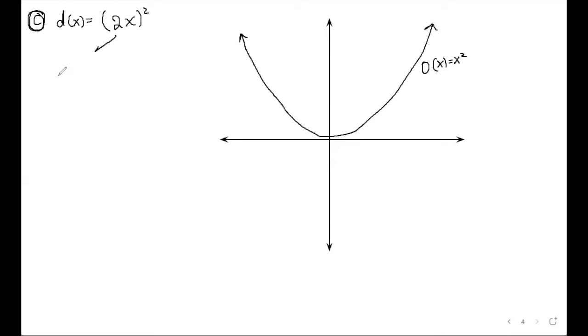The 2 is inside, and 2 is greater than 1. Inside means horizontal, greater than 1 means shrink.